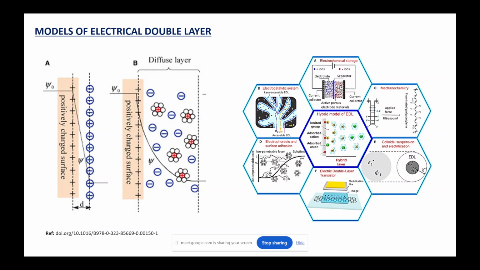Once you drop some particle inside the solution, there will be movement. If you take the example of water and drop ink inside the beaker, there will be diffusion. Any ions present in the solution will also have some sort of diffusion motion.